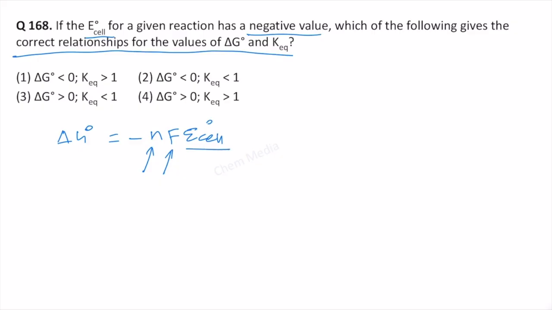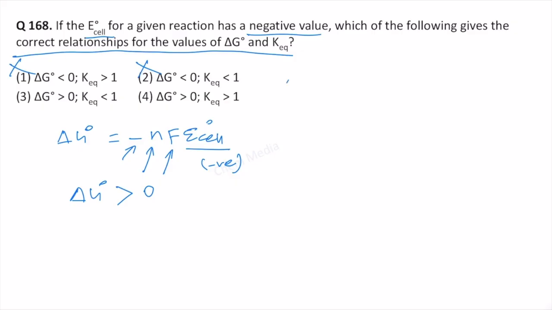So, if E cell standard is negative, then what would happen to delta G standard? Delta G standard would become positive, and therefore it is greater than 0, because if this is a negative number, we have another negative sign here. So, negative negative would become positive. So, this means option 1 is wrong and option 2 is also wrong.